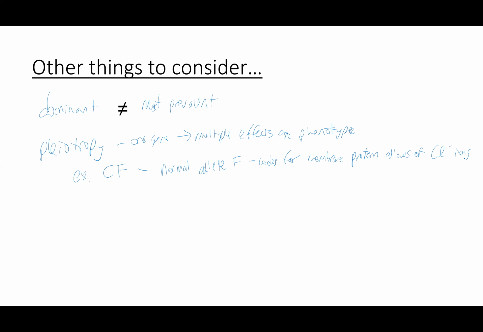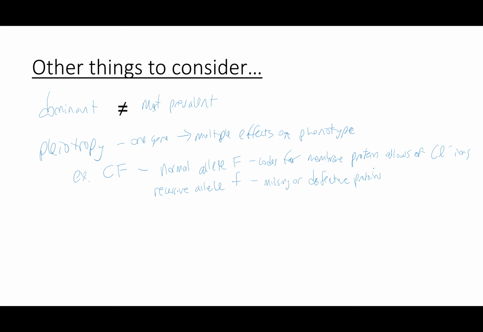So the normal allele allows for normal movement of chloride ions. If the person has the recessive allele, little f, they have missing or defective membrane proteins. And again, we're talking only about one specific membrane protein that is allowing the transport of chloride ions.